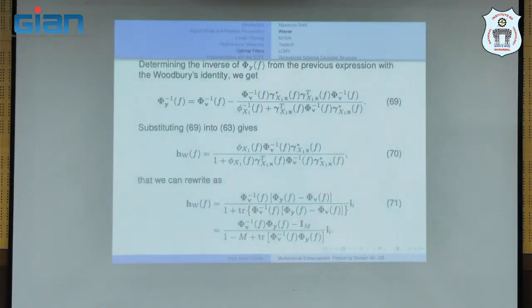So also here, it's very nice if you repeat the example that is related to what we show here, and instead of taking these matrices phi x, phi y and phi v from the true signals, you take them from noisy measurements, realizations of the data.